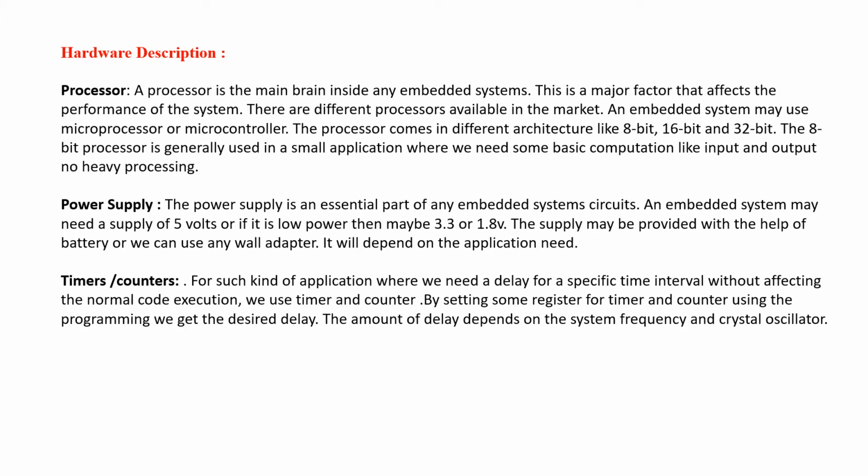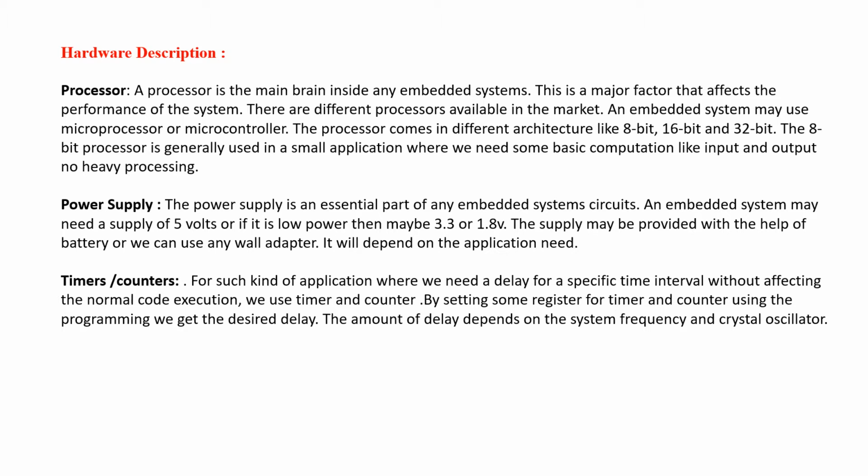So the first component of block diagram of embedded system is a processor. This is the main brain of embedded system. This is a major factor that affects the performance of the system. There are different processors available in the market. An embedded system may use microprocessor or microcontroller.